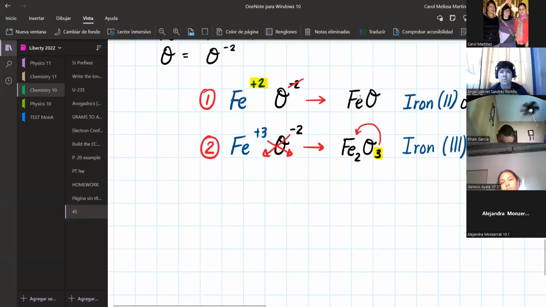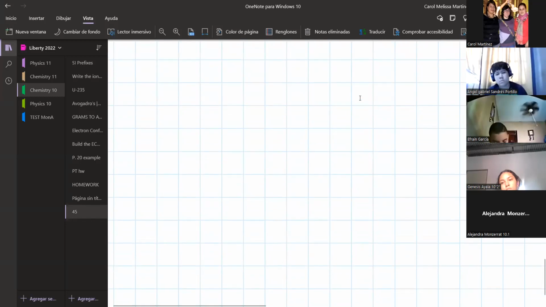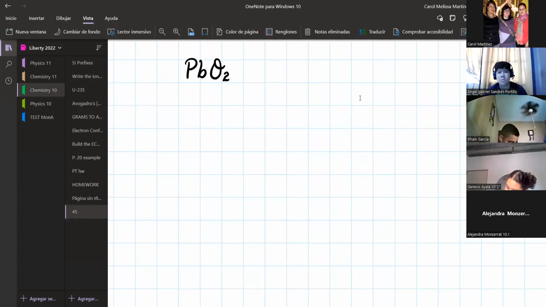So I'm going to write you another example. If I had to name this compound, first I have to see what are the possibilities for lead.